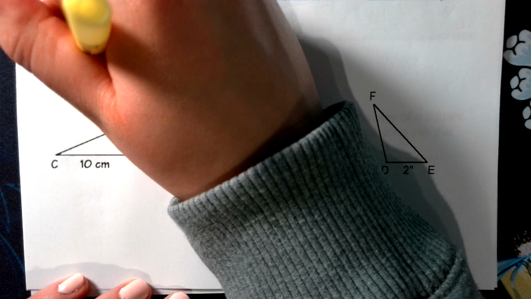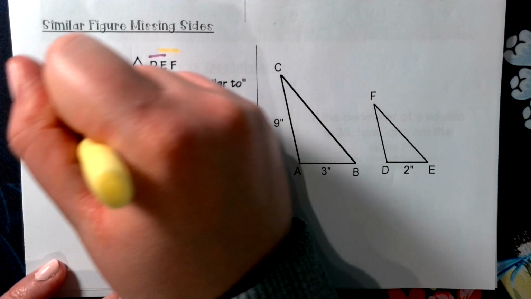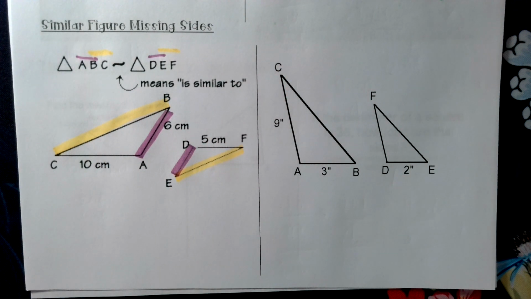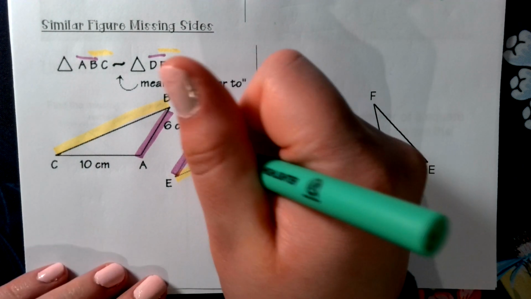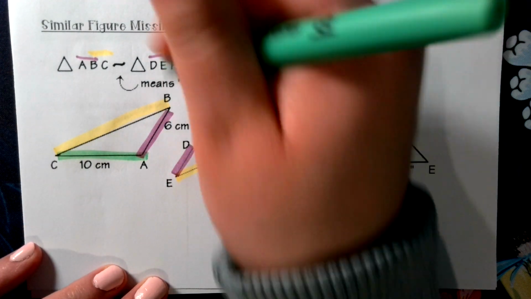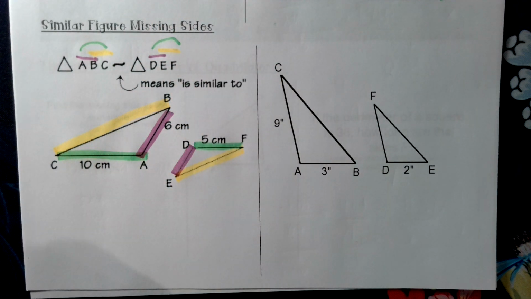Then BC and EF go together because they're the last two. BC, EF. So then that leaves AC and DF to go together because they are the first and the last.